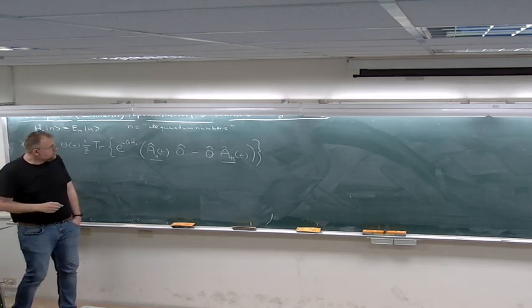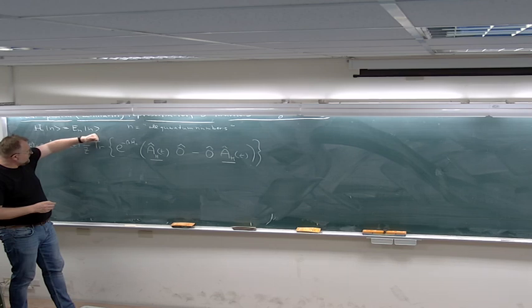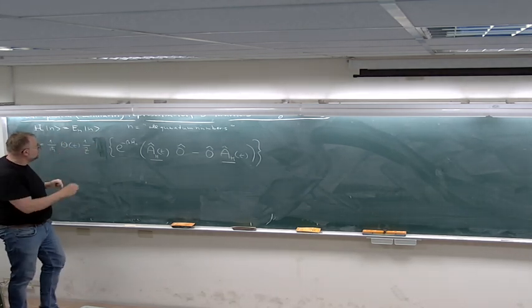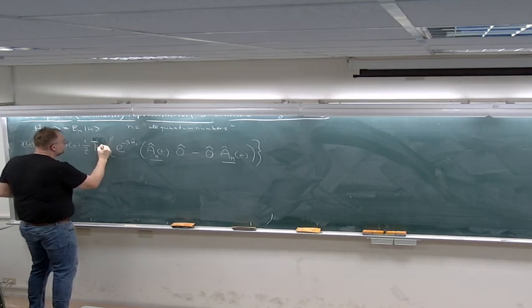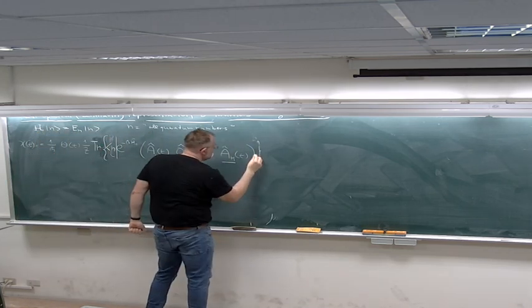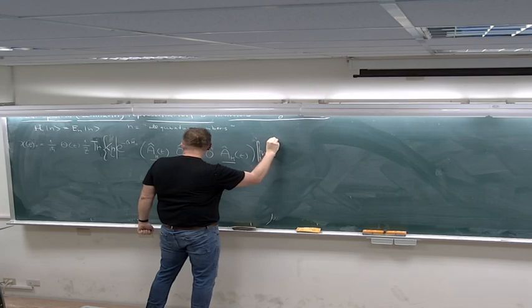Perfect. So if we are making the trace over these quantum numbers, and since I want to save some writing, this is the same as computing the expectation value with respect to this system.